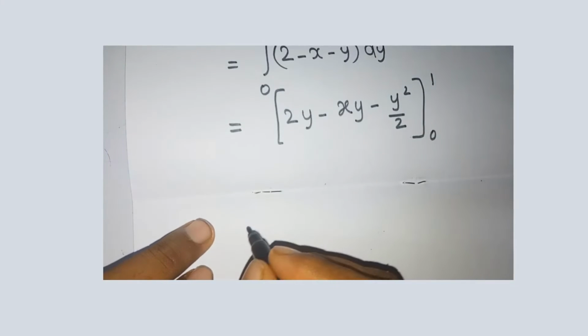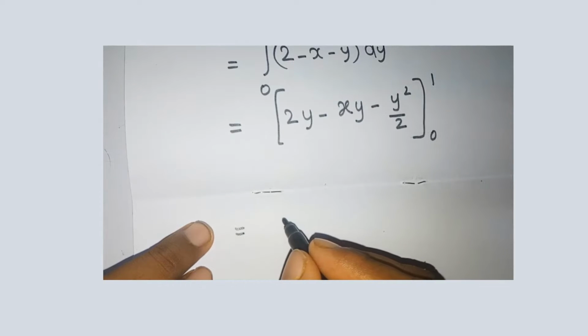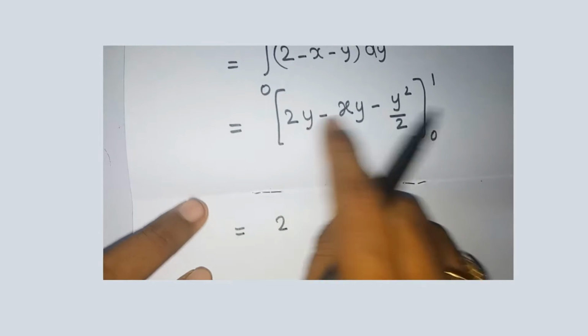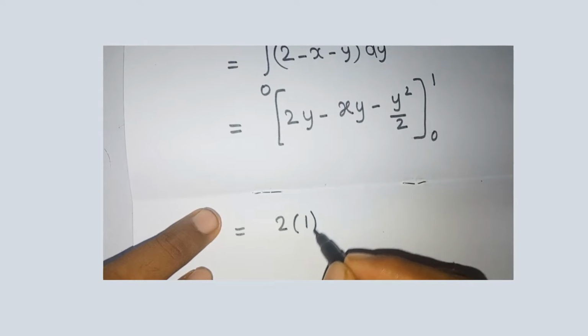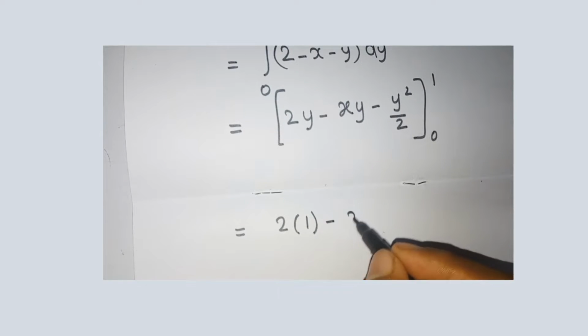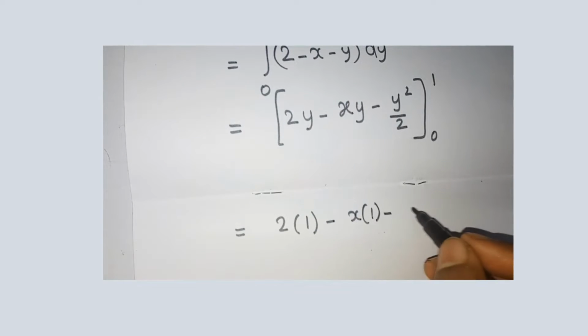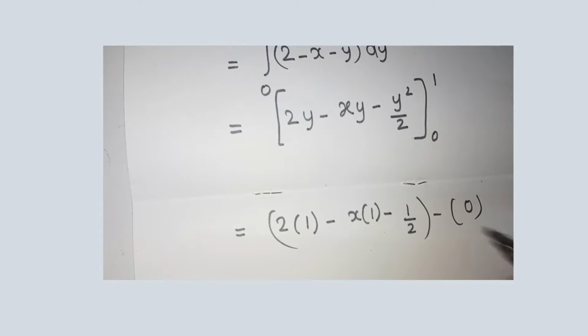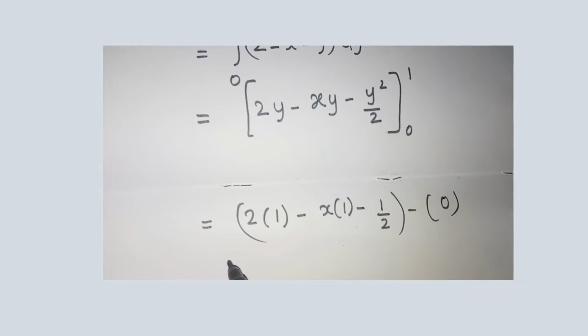Now let me substitute the upper and lower limits. I'm substituting the upper limit in all the y terms, and my x terms will be as they are. 1 square is 1, so 2 minus the lower limit, which is 0, so automatically it will be 0.